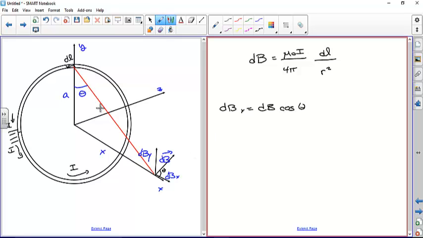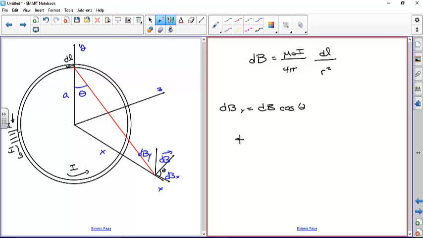And we'll be able to figure out cosine by this triangle here, because this angle theta, in terms of the magnetic field, is the same as the angle between the y-axis and the line that connects this differential element on the ring and the point in space. So what kind of substitutions can we make here?